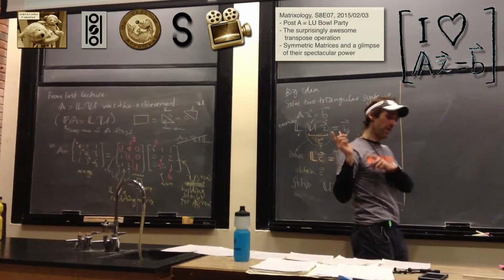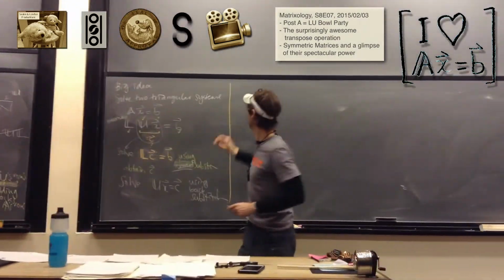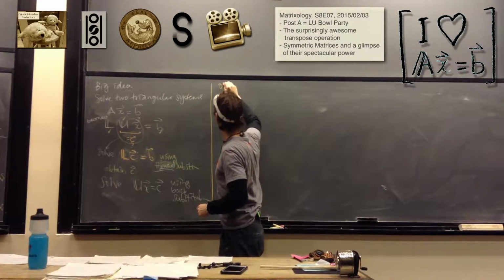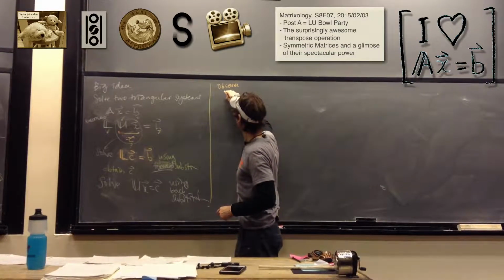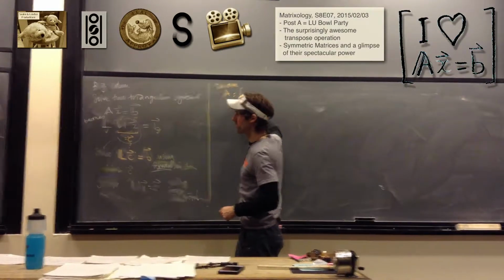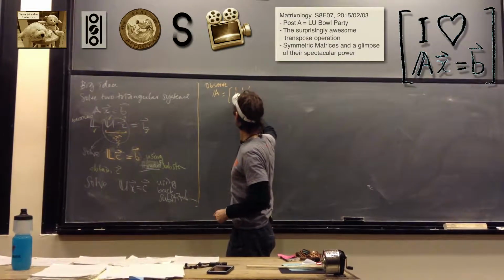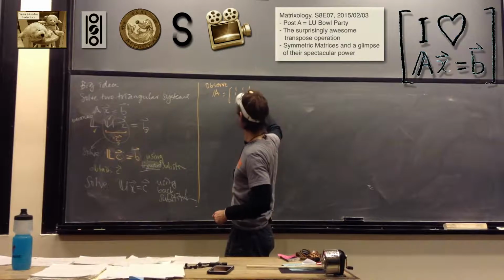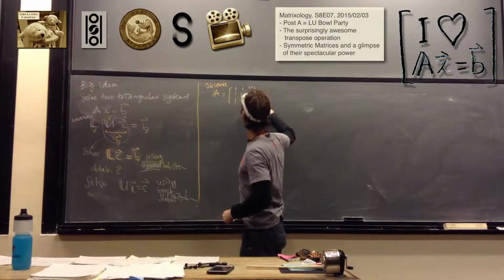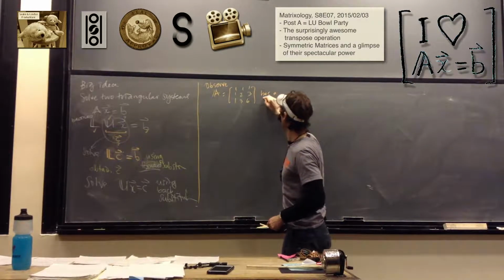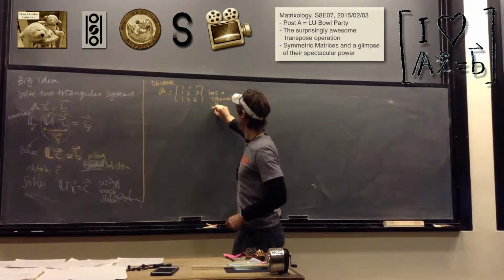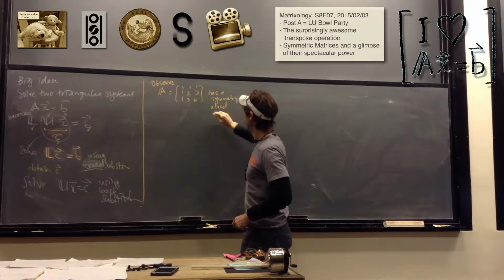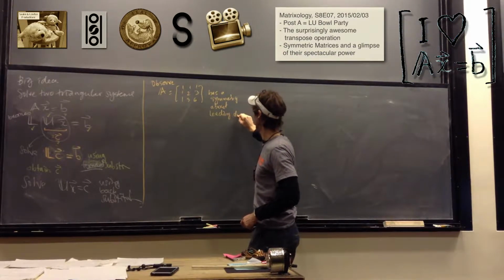So I'm going to make a note about this. I'll give you a bigger example. So we observe, this is cool, A equals 1, 1, 1, 1, 1, and then 2, 3, 3, 6, has a symmetry about the leading diagonal. This is a word we use all the time. It's the leading diagonal.